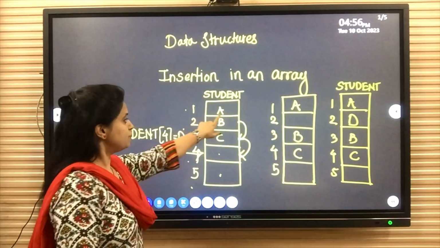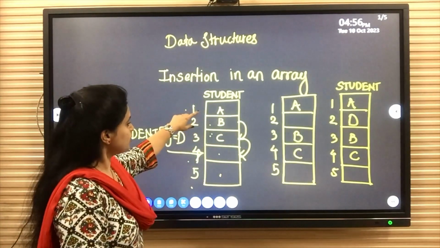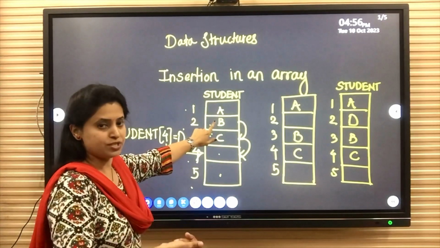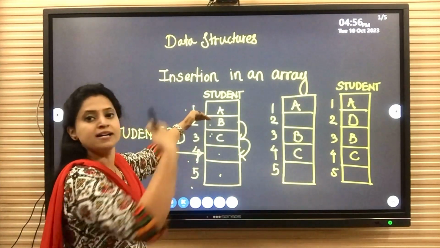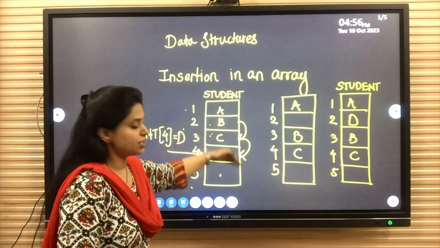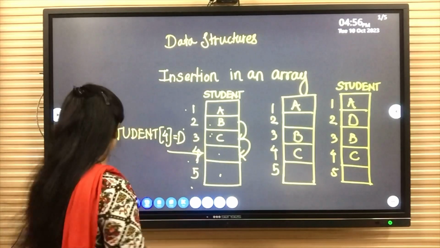In that case we have to consider the position where we want to insert. If we want to insert the element at the 2nd position, then starting from the last element to the second position, we have to shift the elements downside and then insert the element.